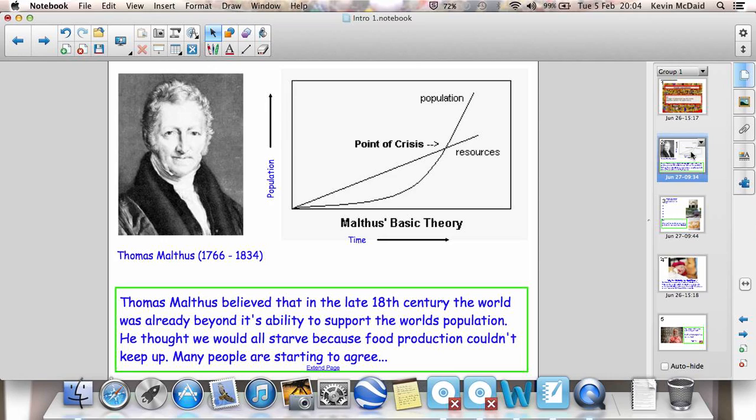But if you were someone of your age in an extremely poor LEDC in Africa, would you be able to say the same thing? So we can't completely disprove Malthus's theory of the point of crisis. It's important that we look at it with perspective and context.